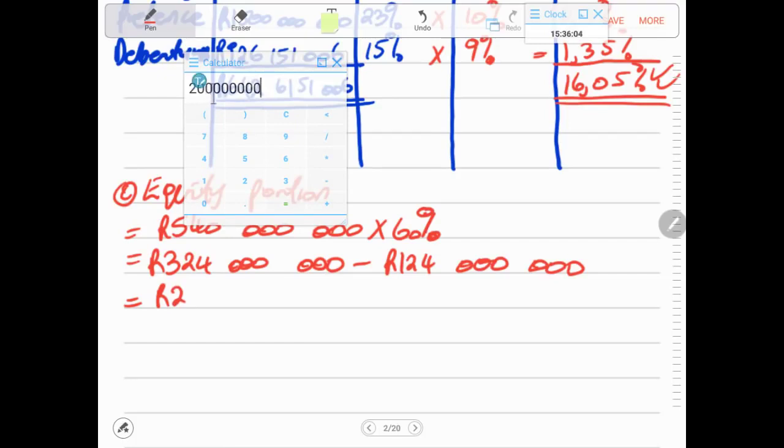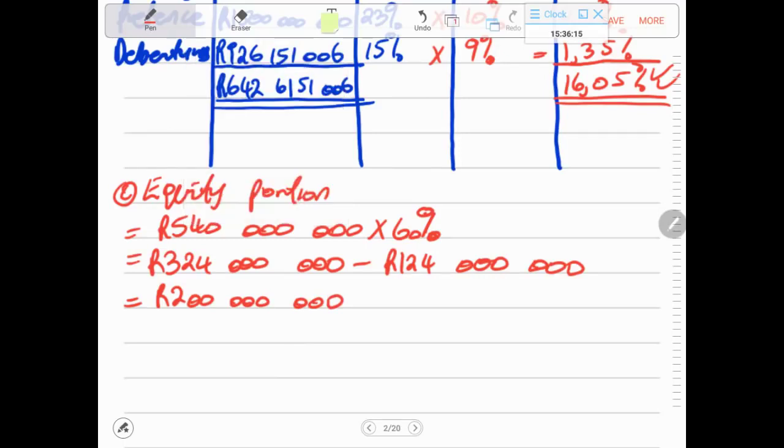So now we have 200 million of capital that must be raised through equity after 124 million has been reduced through equity called retained earnings or reserves.